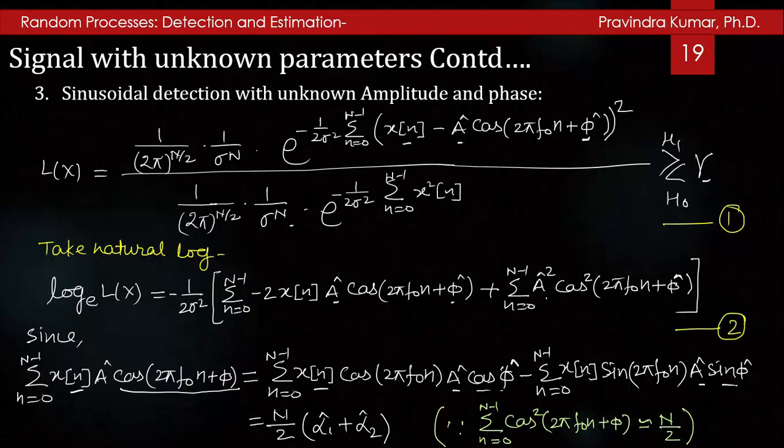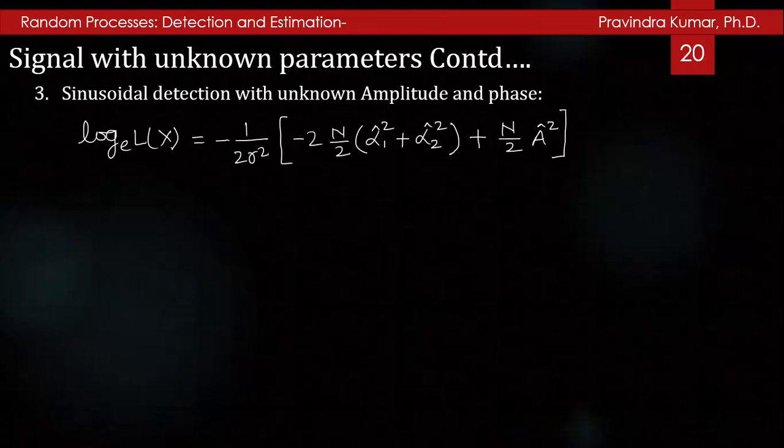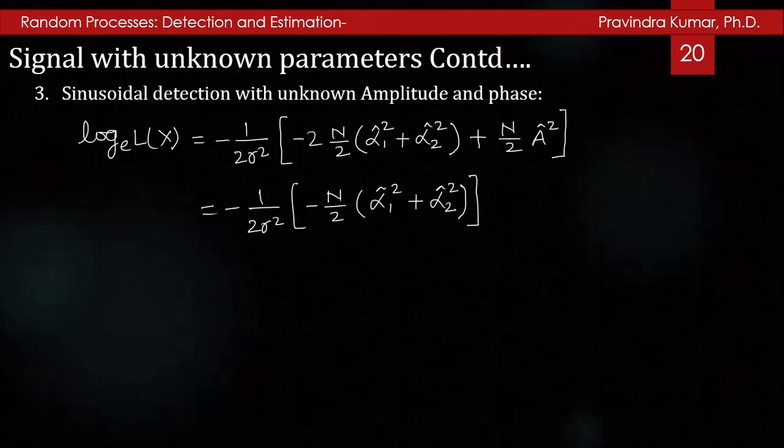Putting this into the first and second equations, the log likelihood ratio, log e L(x), will now be minus 1 by 2 sigma square times (minus 2 N by 2 (alpha 1 cap square plus alpha 2 cap square) plus N by 2 A cap square). I can write this expression as minus 1 by 2 sigma square times minus N by 2 (alpha 1 cap square plus alpha 2 cap square), which equals N by 4 sigma square (alpha 1 cap square plus alpha 2 cap square).